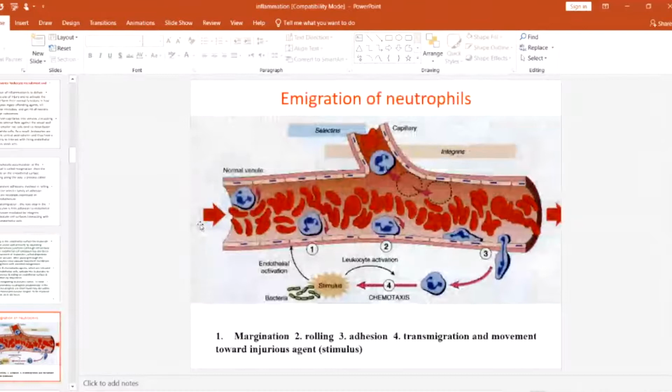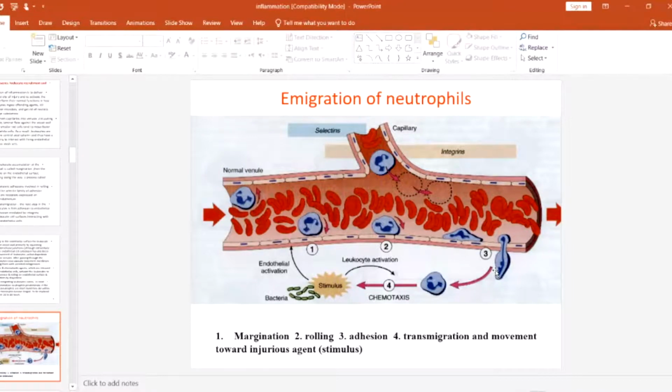I said the white BC will move through steps, start from margination, then rolling, then adhesion, then transmigration and movement to the site of stimulus. The movement of the white BC, we call it diapedesis.